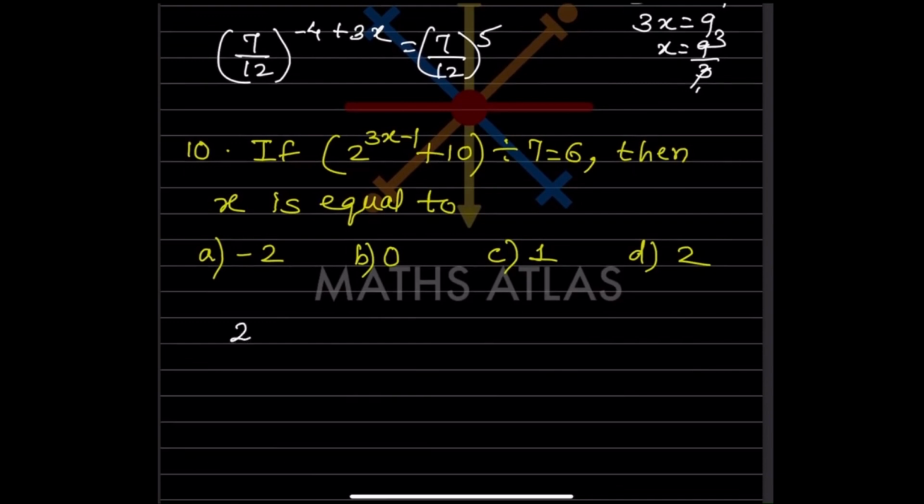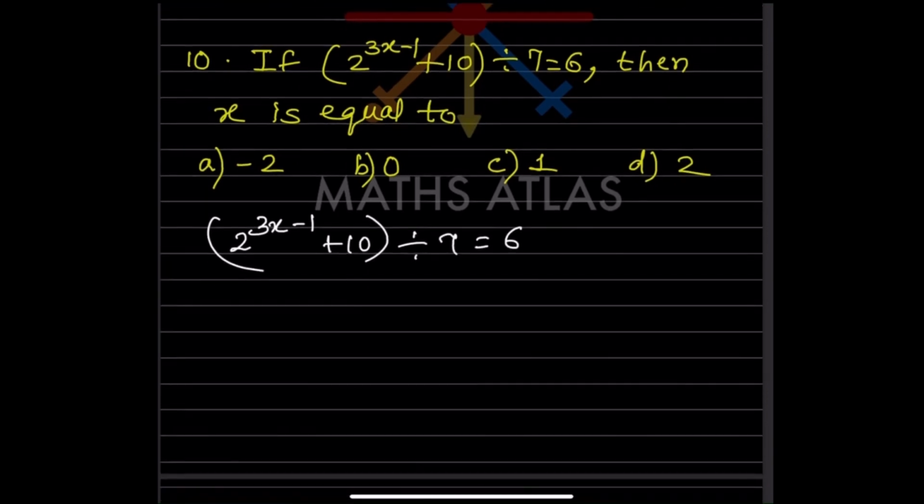in this one they have said if, so now what we can do here, we can also write here 2 raised to 3x minus 1 plus 10 is equal to 6, and if this division goes on the other side, that is going to get multiplied.